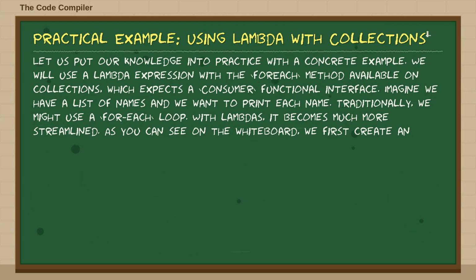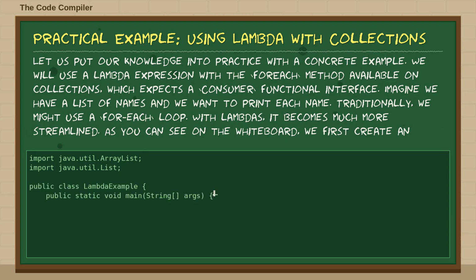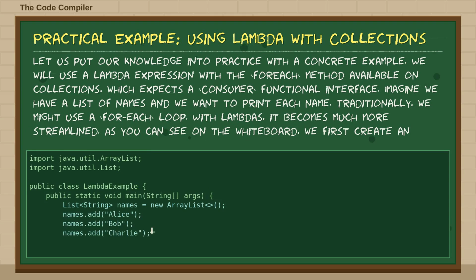The output will be each name printed on a new line. Notice how much shorter and more readable this code is compared to writing a full anonymous inner class or even a traditional for loop. This is just one small example of how lambdas can simplify your code and make it more functional.